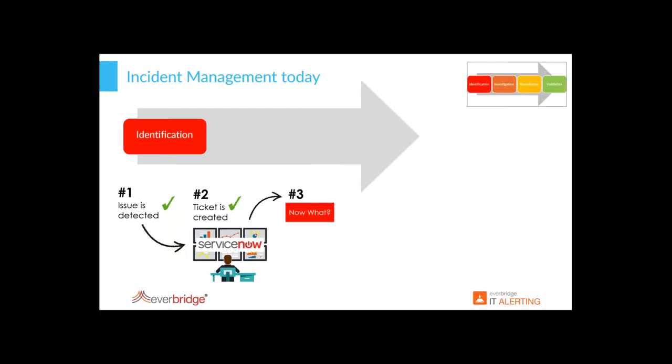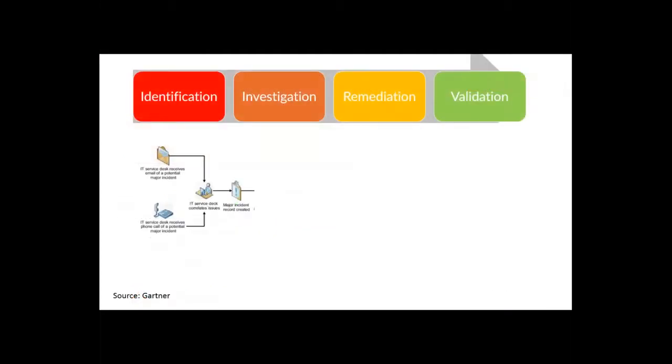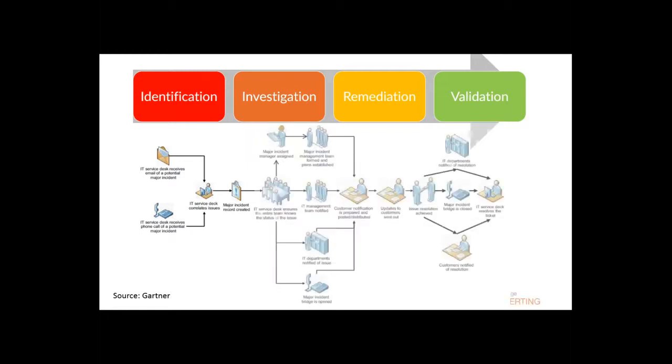So if we look at the underlying process, the major incident management process, and this is the one I'm using today, the one published by Gartner. As we see, identification, then comes the phase of investigation with the assignment of a major incident manager, with the assembly of a SWAT team, a war room, or a team of IT experts who are going to work on the issue.